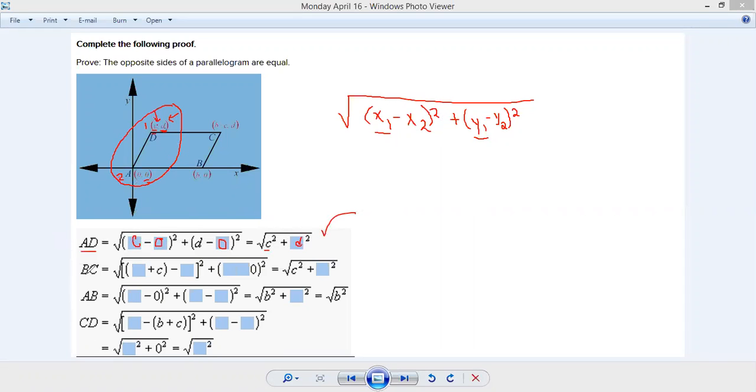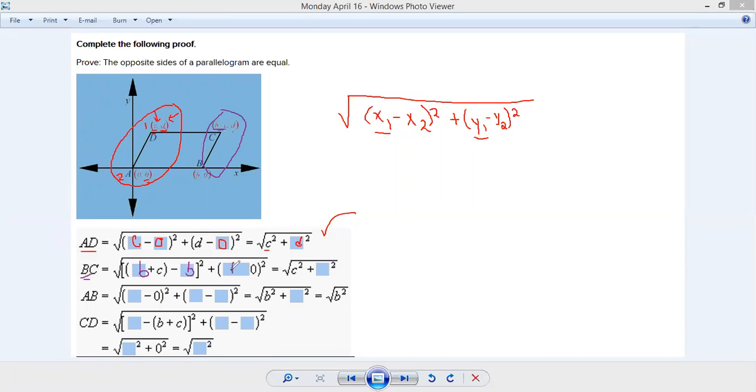Now let's change colors. Now we're looking at BC. So we need to figure out where BC is. Here we go. That's BC. Didn't do that circle very well, but you got the idea. Let's look at the X coordinates first because I see a plus C here. So this is the first coordinate. This is what they're using as X. So this is going to be B plus C minus the other X, which is just going to be B. And then for the Y coordinates, because B plus C is first, that means D has to be first here.